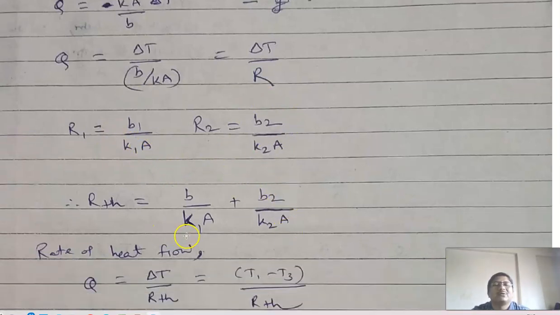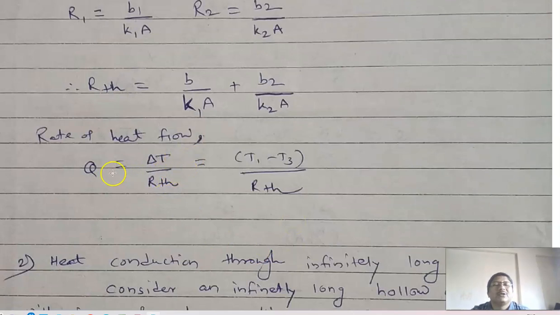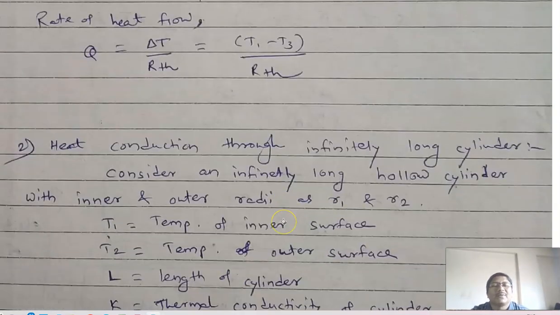So R thermal equals B1 upon K1A plus B2 upon K2A. Now the rate of heat flow is Q equals delta T upon R thermal. Delta T is from the first side of wall 1 to the last side of wall 2 or slab 2. So Q equals (T1 minus T3) upon R thermal.